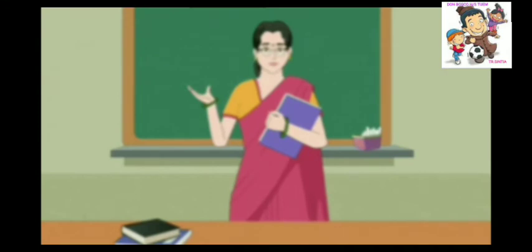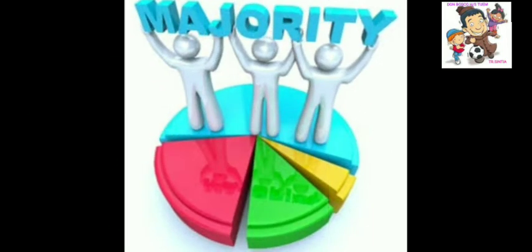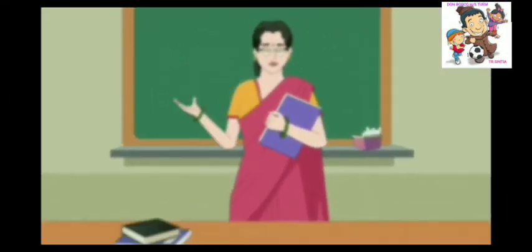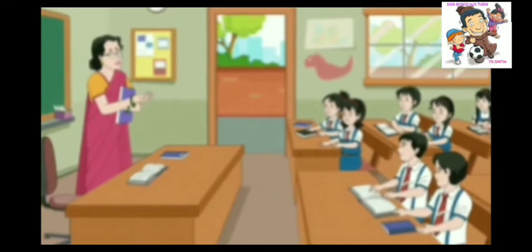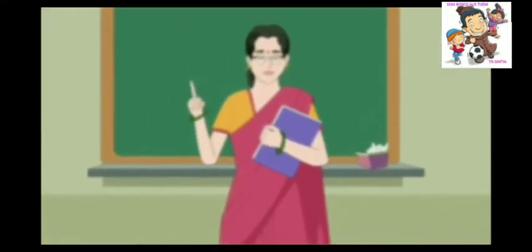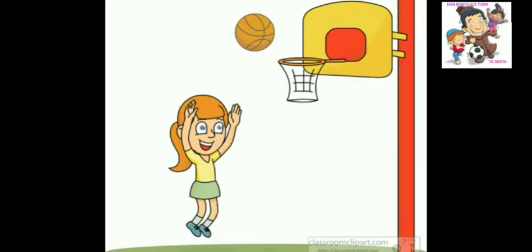In a democratic country like India, the Constitution also ensures that a minority is not dominated by the majority. Take for example, there is a class which has more boys and fewer girls, and the school has a small ground. Every day, boys want to play cricket, but the girls like to play basketball.